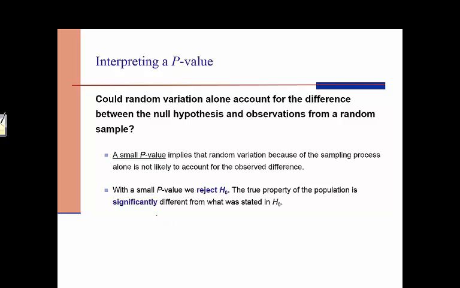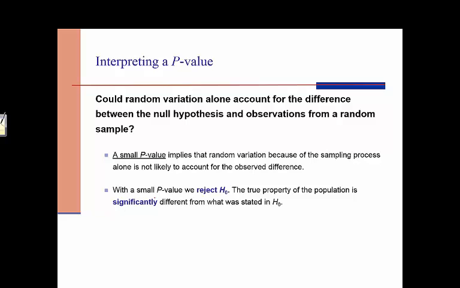Okay, so if you have a small p-value, that means that the probability is very small that the difference you observed is due to some random chance. Therefore, you have proved that there really is something wrong with the process.